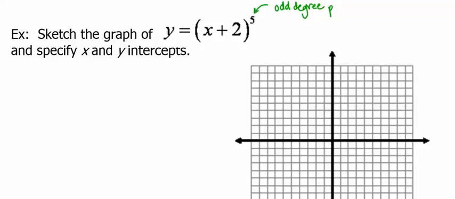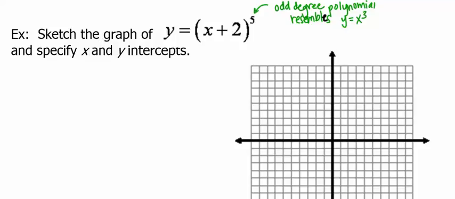Because it's an odd degree, it resembles a little bit y equals x cubed. So we'll sketch the graph finding the x and y intercepts first.